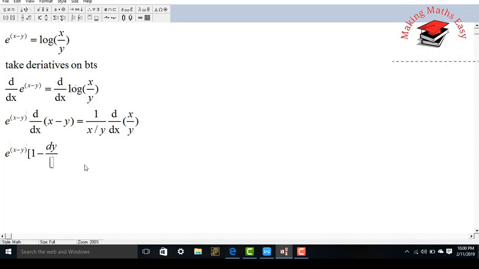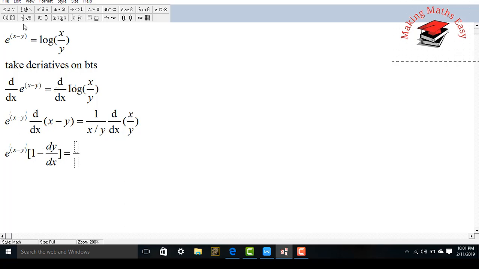As I told you in previous videos, the derivative of y with respect to x is always dy by dx. On the other side, this y will go in the numerator and it will become y upon x.